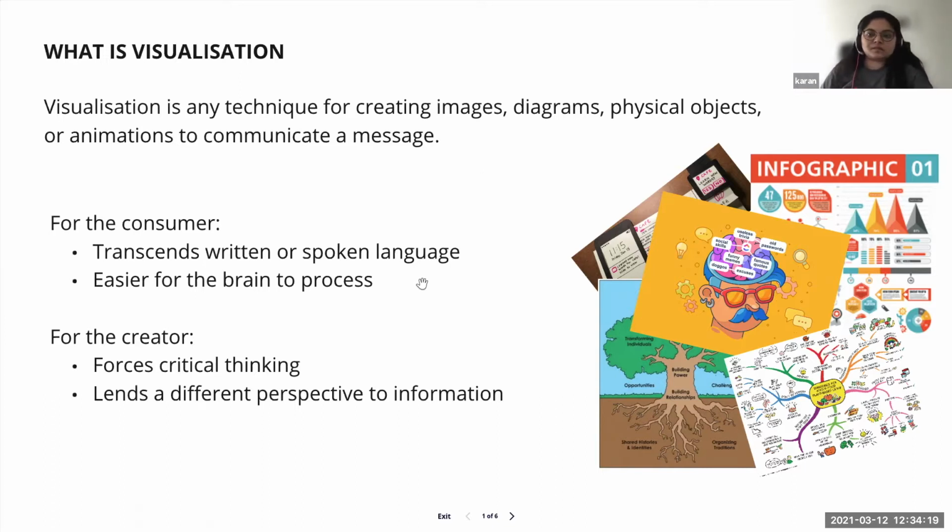Visualization is a useful tool for the consumer of information because it allows you to transcend the written or spoken language.